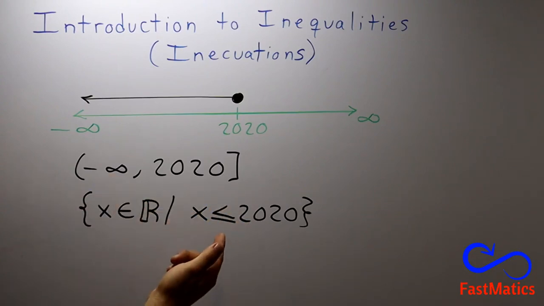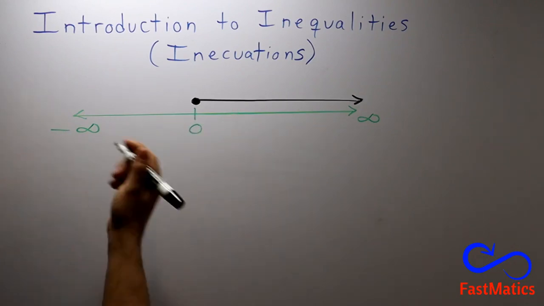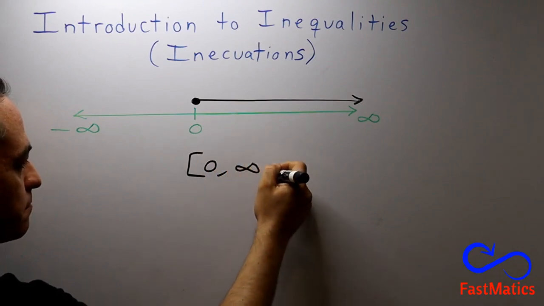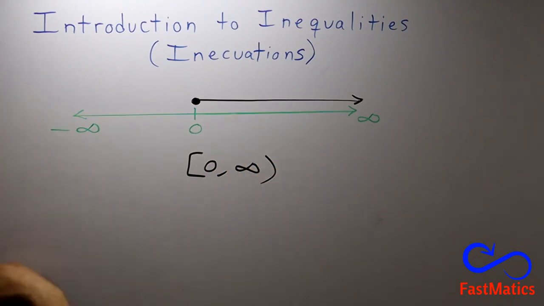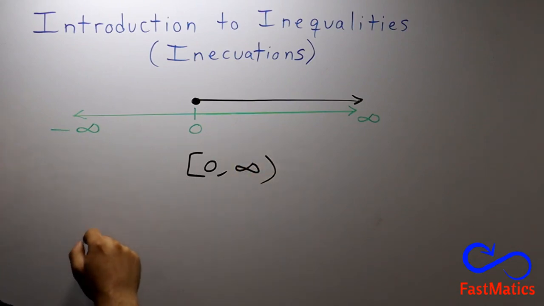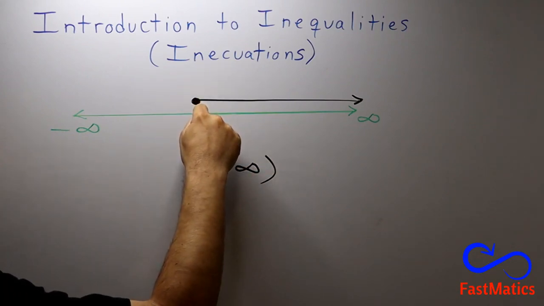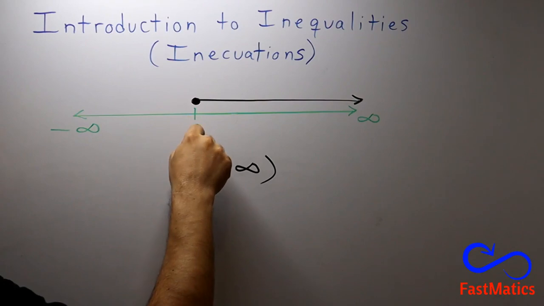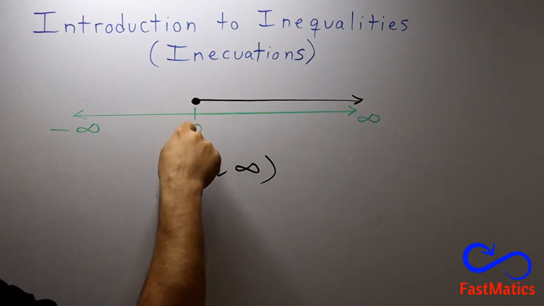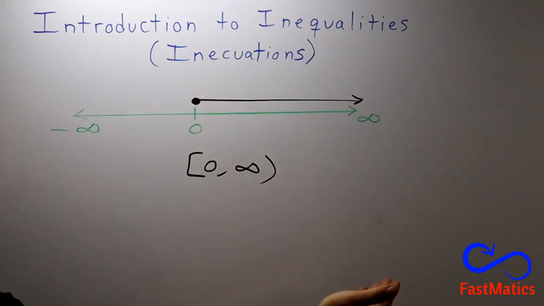Okay? Another way to represent that is from 0 to the infinite. And remember, the infinite will never have brackets, always parentheses. And if you put here a number that is considered, you put brackets. But if you are putting here a number that will not be considered, you put parentheses.